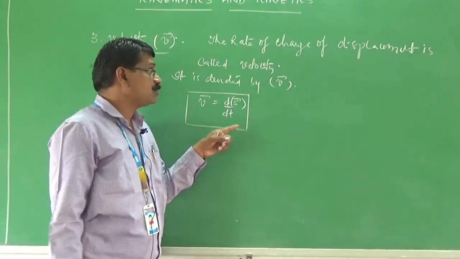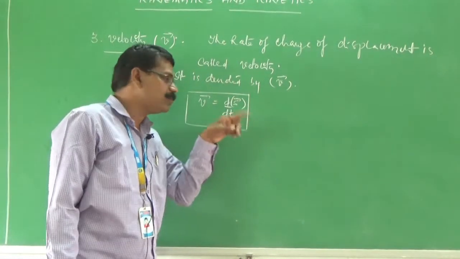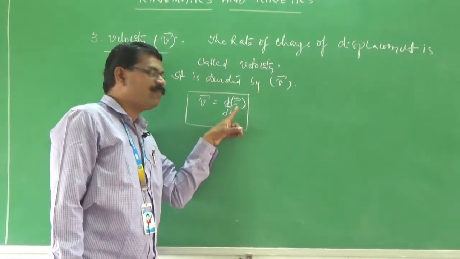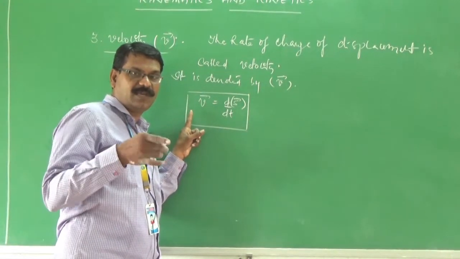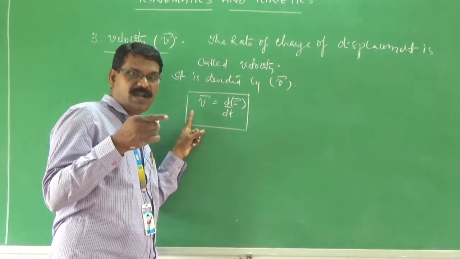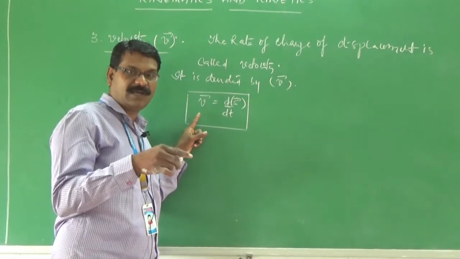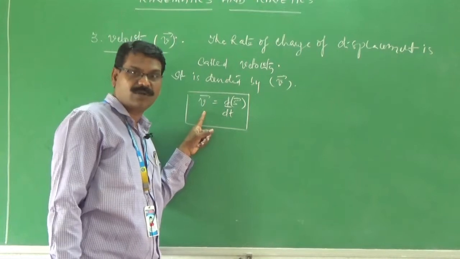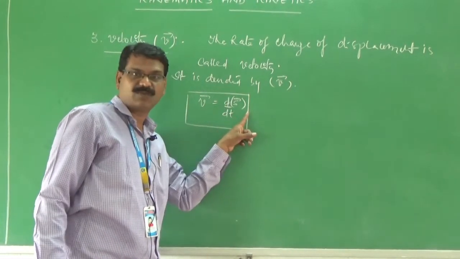So, what is velocity here? The rate of change of displacement is called velocity. Another definition is that the first derivative of displacement also gives velocity. Strictly speaking, if you differentiate a vector quantity like displacement, you will get a vector, which is denoted by V bar. So, we write V bar is equal to d by dt of S bar.